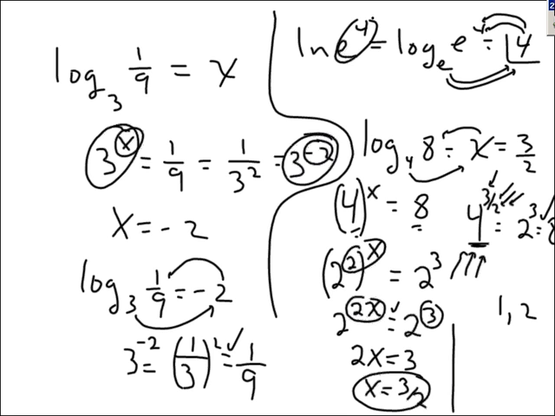To review again, if you had 16 to the 3/4, what times itself 4 times gives you 16? Well, 1 times 1 times 1 times 1 is 1. That's too little. 2 times 2 times 2 times 2, oh, that's 16. So this is 2 cubed, which is 8.